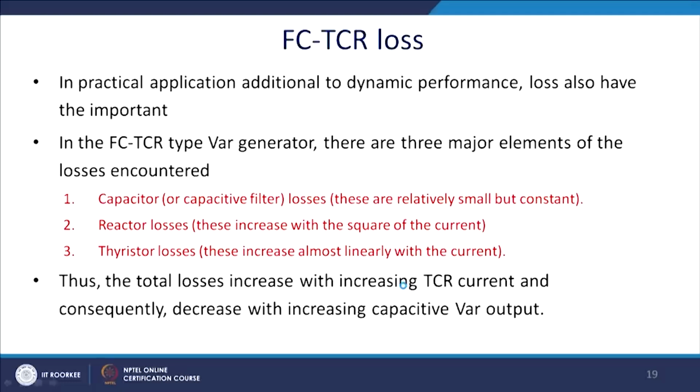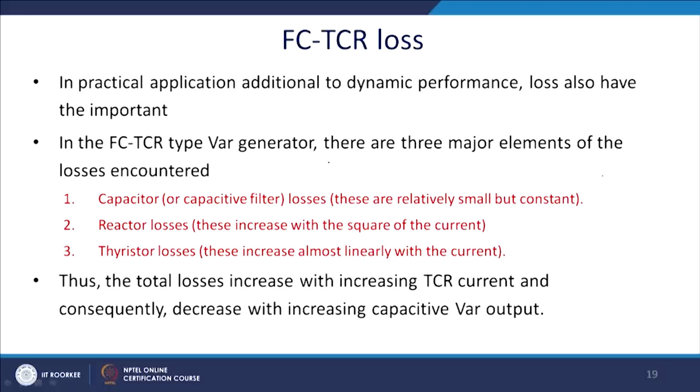Now, FC-TCR losses. Since the capacitor is connected fixed, the losses will be quite low. In practical applications, in addition to the dynamic performance, losses are also very important. In the FC-TCR type VAR generation, there are three major elements of loss.